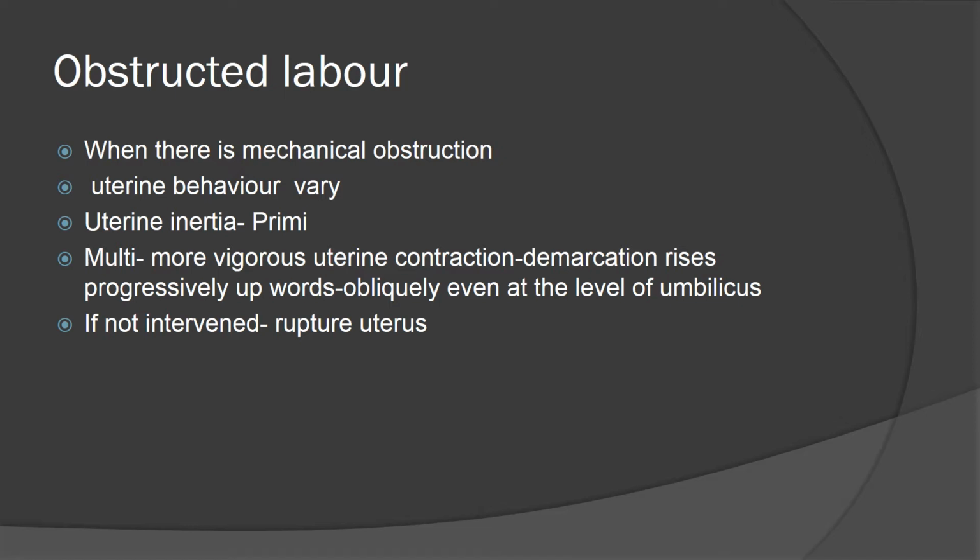And if not intervened, it may culminate in rupture of the uterus. In cases where the uterus goes for inertia, it may be a temporary process. Again, the uterus may resume the contraction after some time, and it may also result in rupture of the uterus.